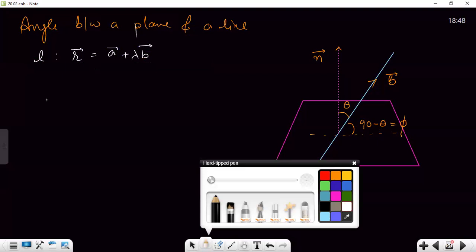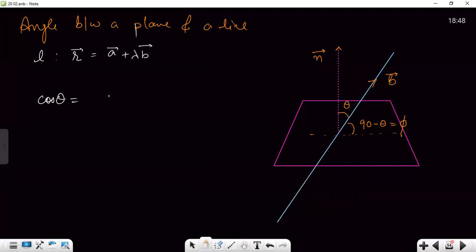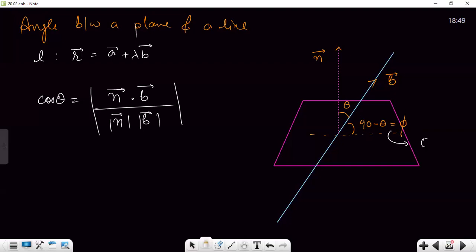First, let's find out cos theta. Cos theta will be simply n vector dot b vector divided by n vector's magnitude times b vector's magnitude. But when we replace theta in terms of phi, we can write theta as 90 minus phi.